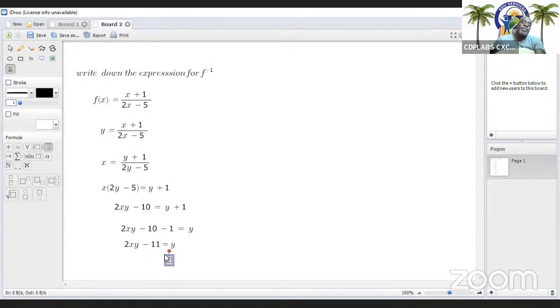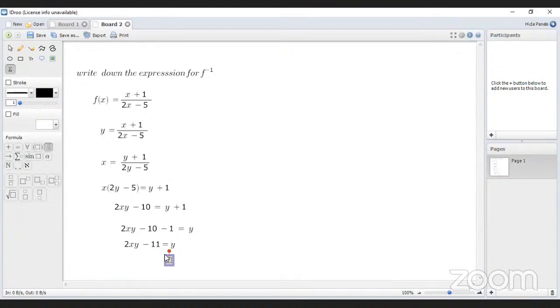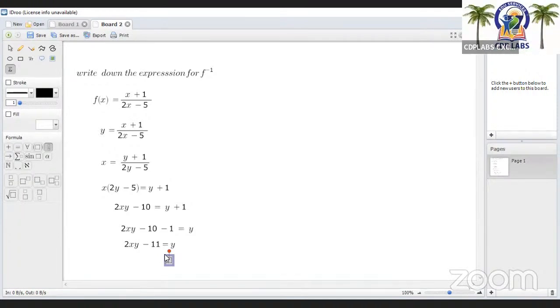But we have 2 y's. We only want 1. We have 2 y's and we only want how many? 1. So how are we going to get rid of this now? It's a big question. Any ideas?